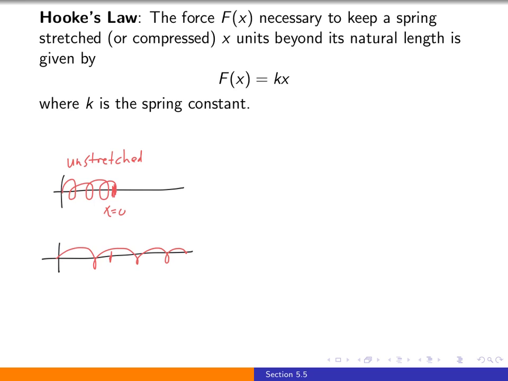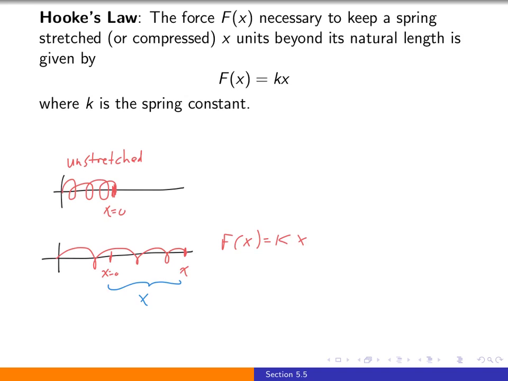So when you stretch it out, you have x equals 0, and it finishes over here at some value of x. And what Hooke's law is telling us is that the force that is necessary to keep this spring stretched is given by k times the amount of stretch, x. So we're really thinking here x is representing the amount that needs to be stretched.